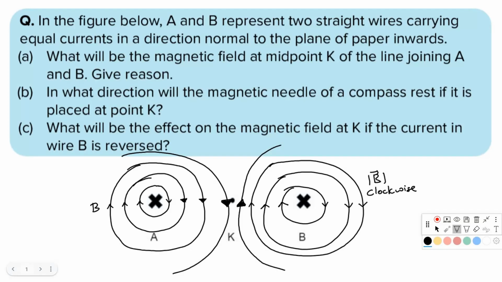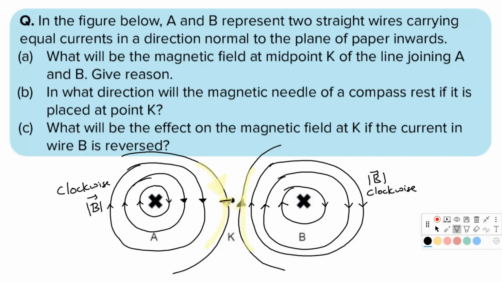Points A and B are the locations of the two straight current carrying conductors. For both conductors, the magnetic field is in clockwise direction, due to which, for the conductor at A, the magnetic field is in this direction, and for B, it is in the opposite direction.